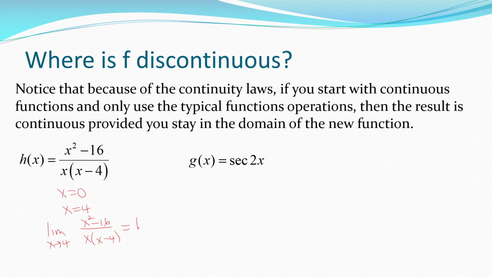And that would then be the limit as x approaches 4 of x minus 4 times x plus 4, all over x times x minus 4. Since x is not 4, these two factors are common factors and non-zero, so I can cancel them, giving me the limit as x approaches 4 of x plus 4 over x, and that would be 8 over 4, which is 2. So the limit exists.